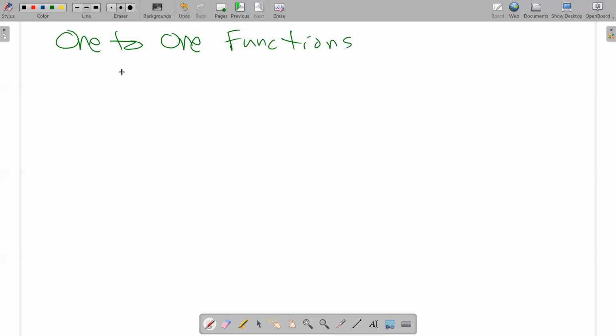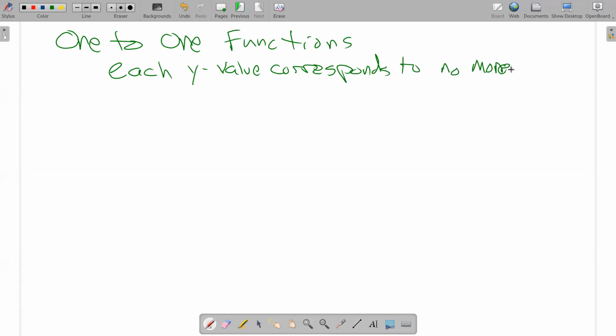So a one-to-one function means each y value corresponds to no more than one x value.